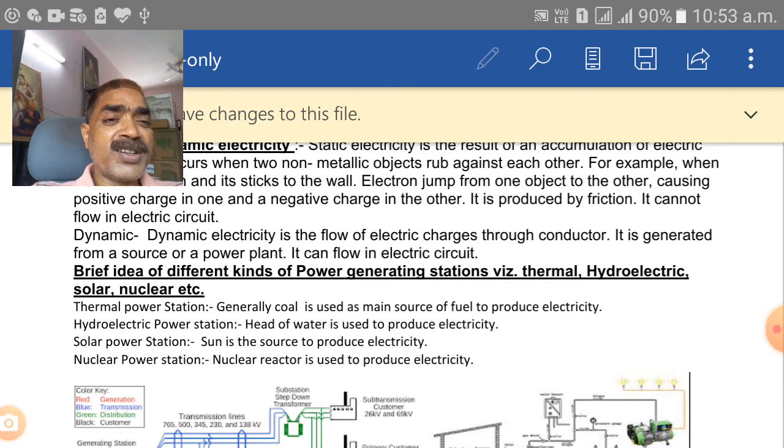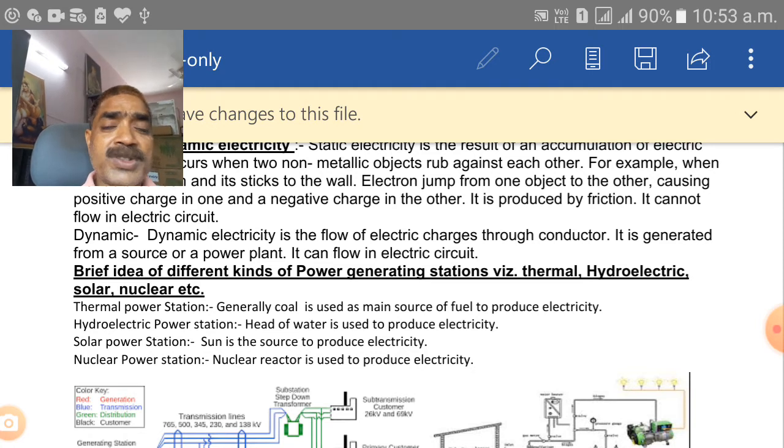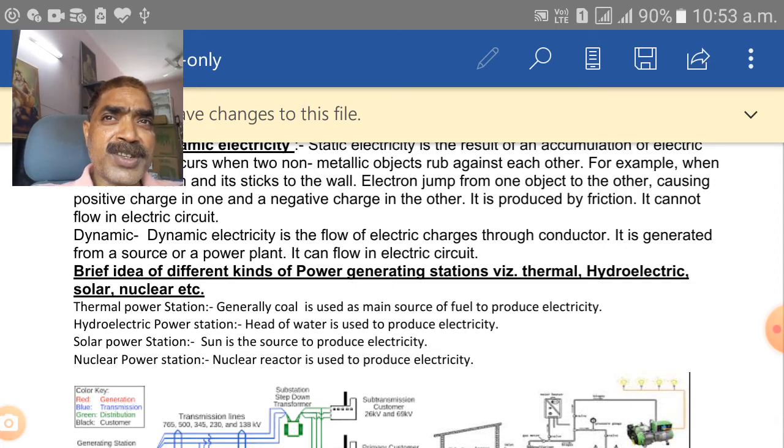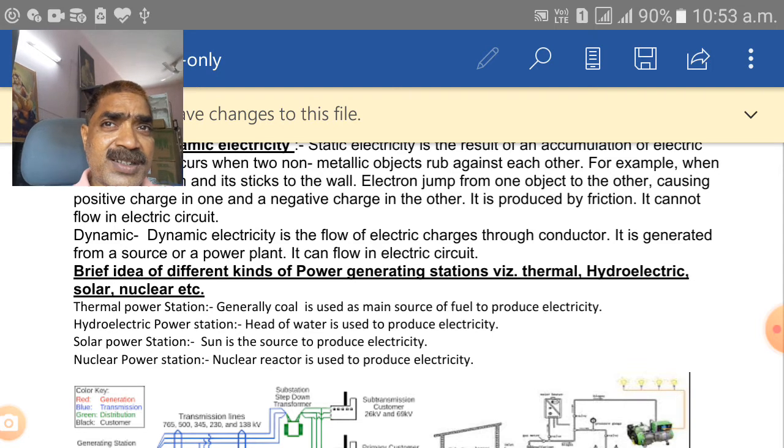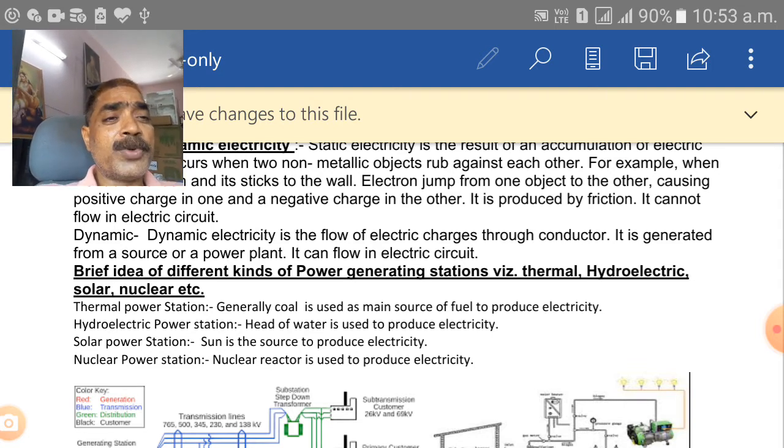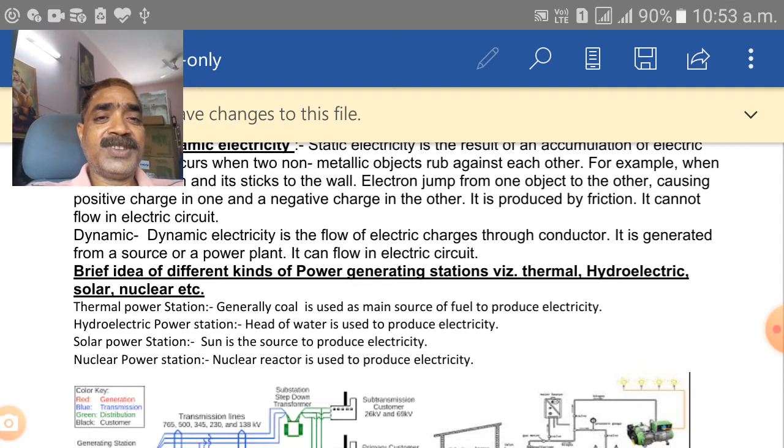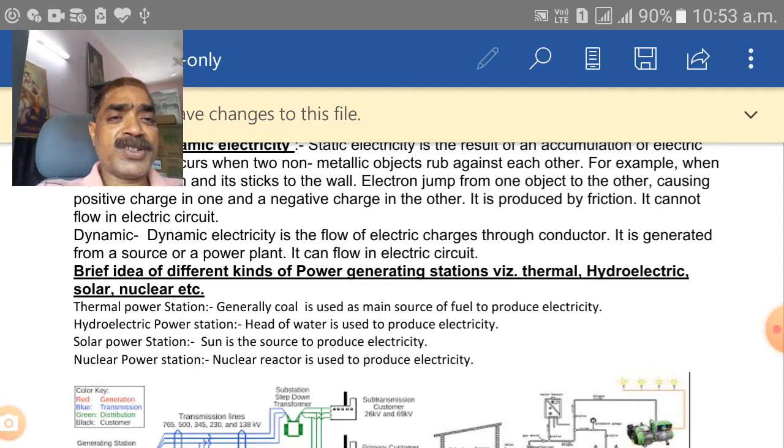Coal is burned and heat is produced, and that heat is used to produce steam, and steam is used to run the steam engine, further connected to the generator to produce the electricity.